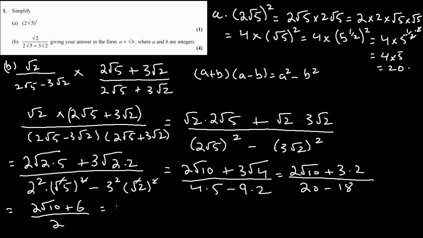You can say 2 root 10 divided by 2 plus 6 divided by 2, which gives you this. 2 and 2 cancel, and 6 divided by 2 is 3, so you will get root 10 plus 3. So now we have the form that was required. You can see that the a here is 3 and the b here is 10.